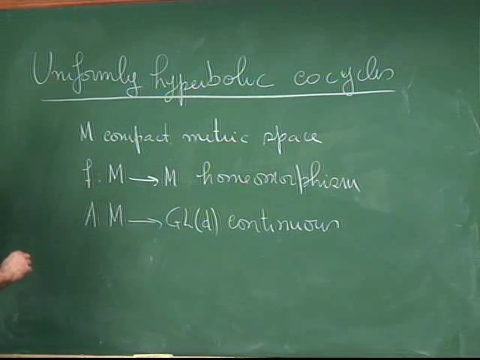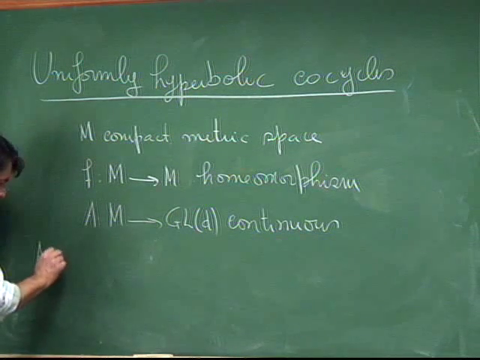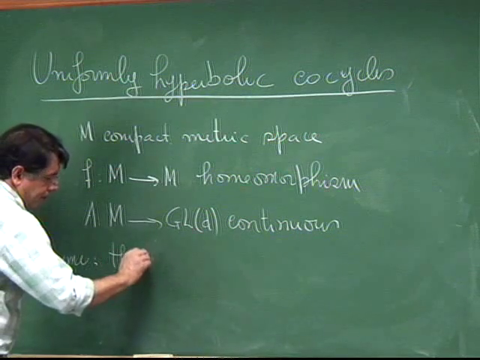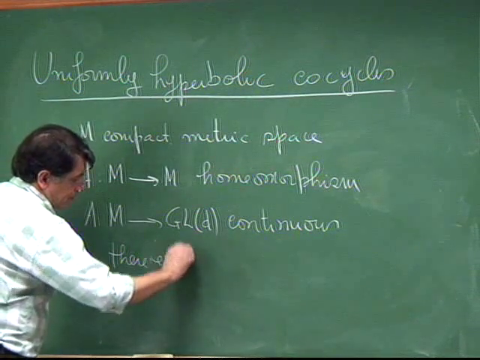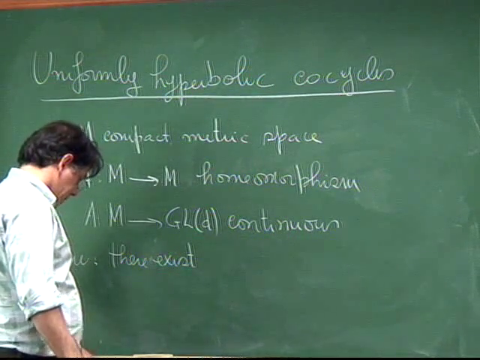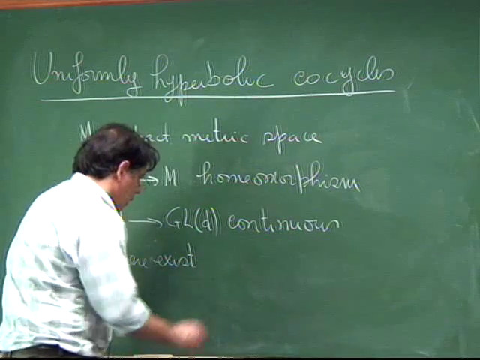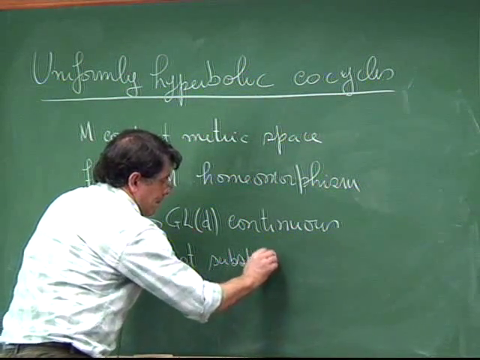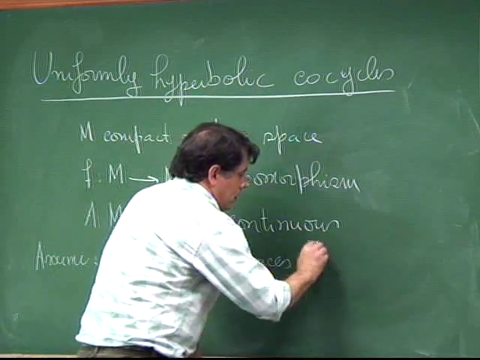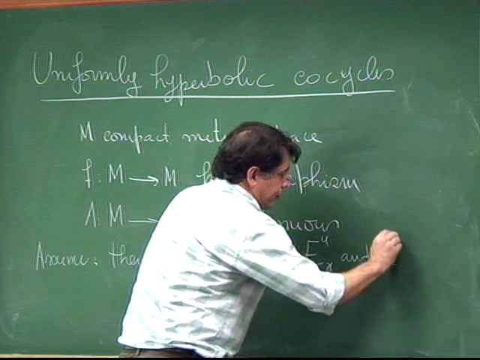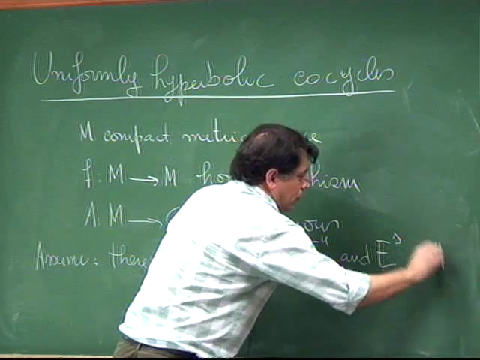And then the main assumption is that there exist subspaces E^u(x) and E^s(x) contained in R^d.